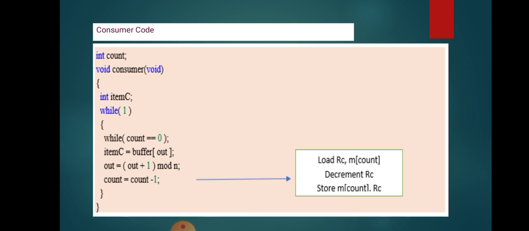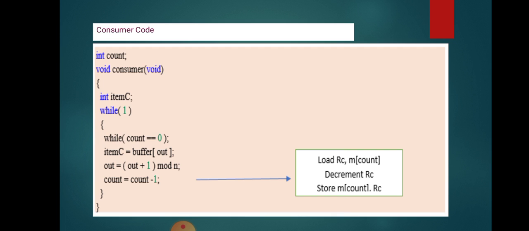Similarly for the consumer code, as I told you, in the producer we check whether the buffer is full. Here, if the buffer is empty, we cannot consume an item, so we have to check that. If the count is zero, we have to wait until at least one item comes into the buffer.